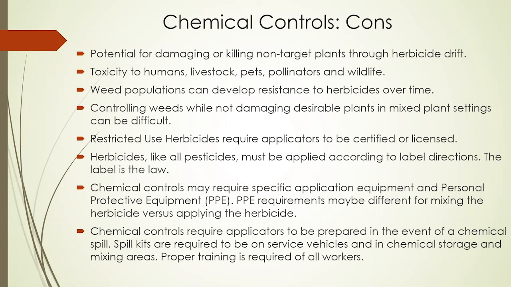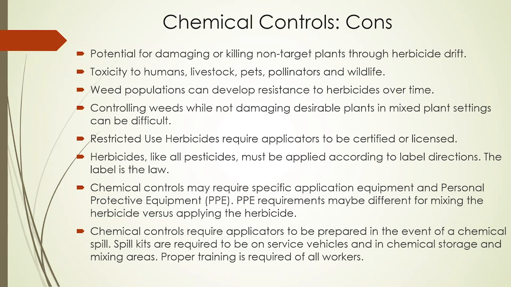If you apply the same herbicide over and over and over again, you're going to favor a resistant population. So it's difficult to control the weeds without damaging desirable plants in mixed plant settings.